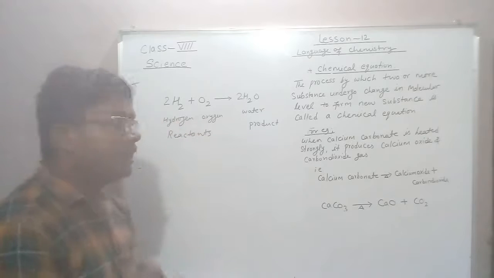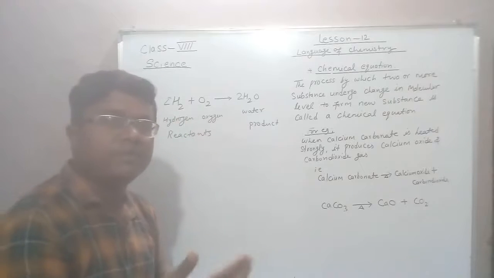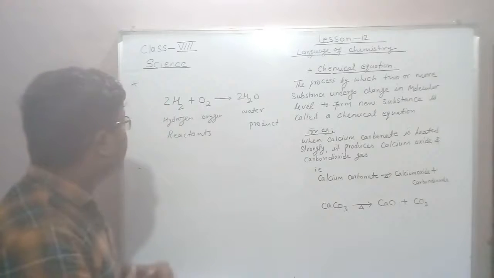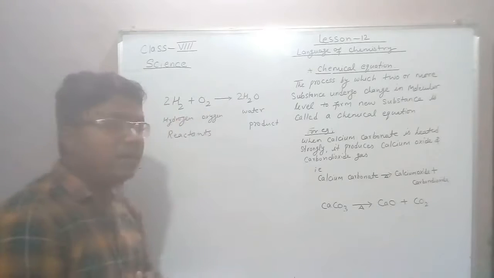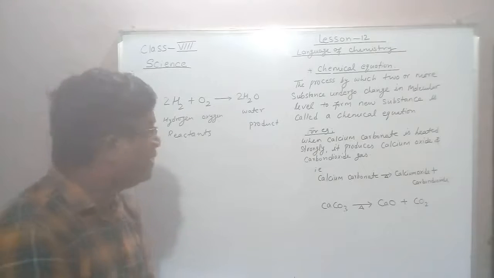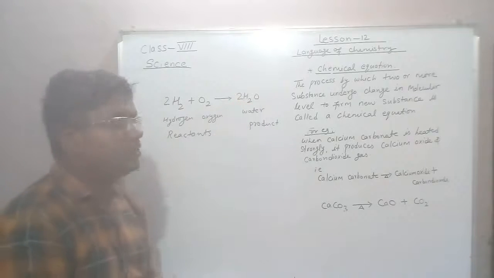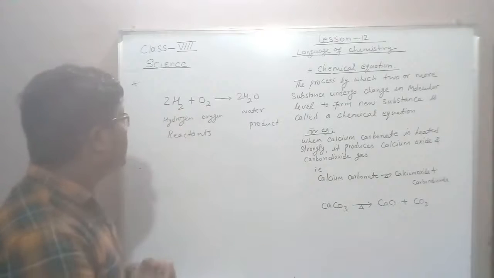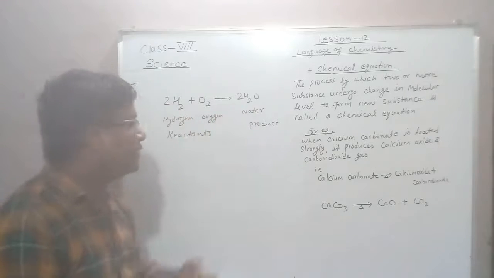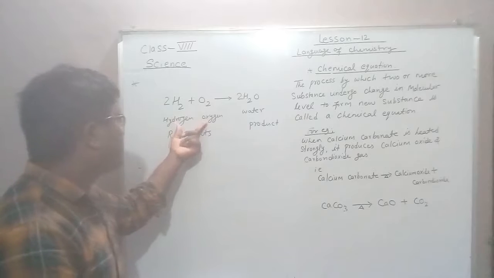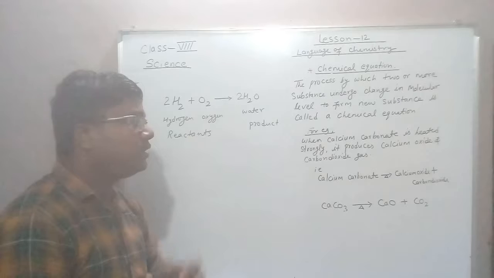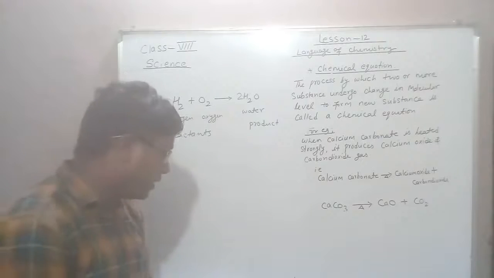Hydrogen and oxygen react to give water, but here two molecules of hydrogen react with one molecule of oxygen to give two molecules of water. So hydrogen and oxygen are the reactants and water is the product.